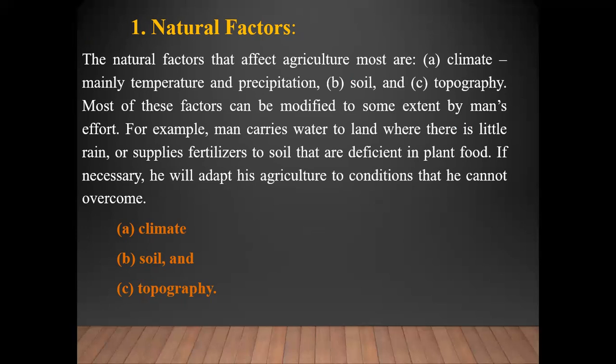For example, man carries water to land where there is little rain or supplies fertilizers to soil that is deficient in plant food. If it is necessary, man will adapt his agriculture to conditions that he cannot overcome.